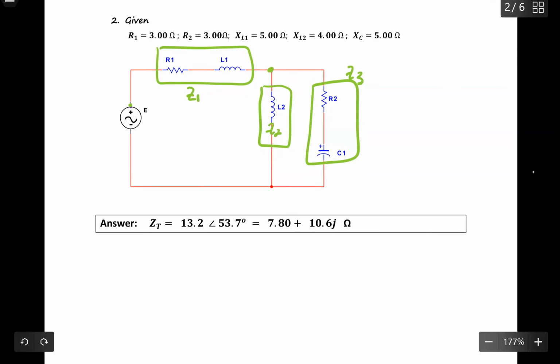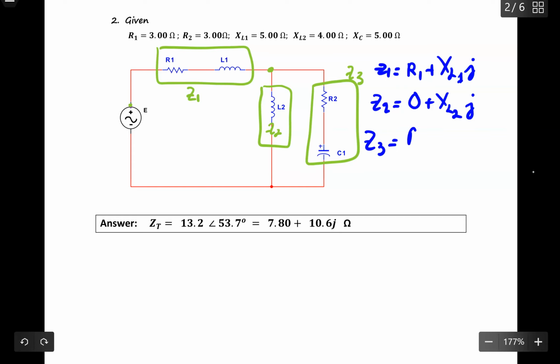So let's write what Z1 is equal to. Z1 in this case will be equal to R1 plus XL1 times J. For Z2, you don't have any R in this case, so you can put a 0, plus XL2 times J. Z3 will be equal to R2 minus XC1 times J, written in terms of vectors.